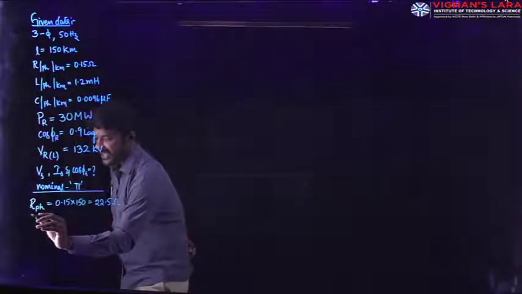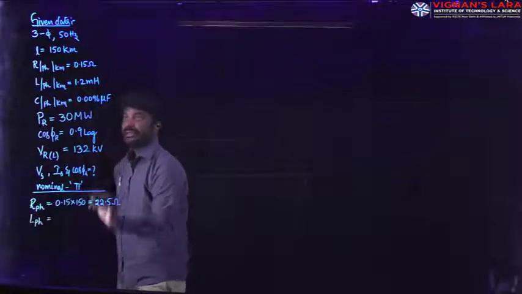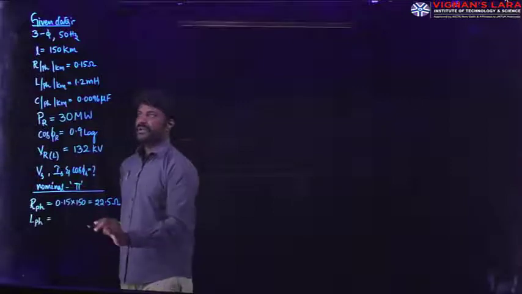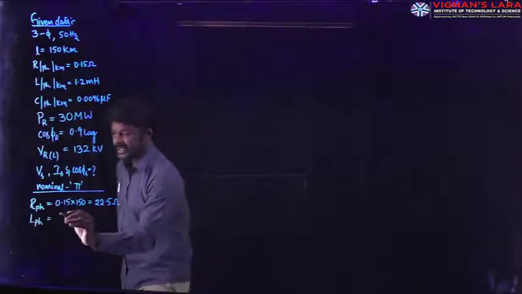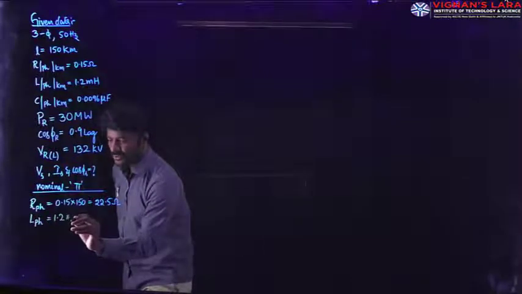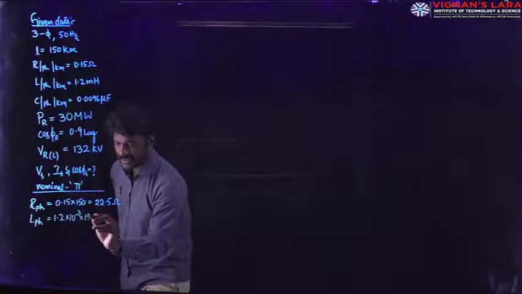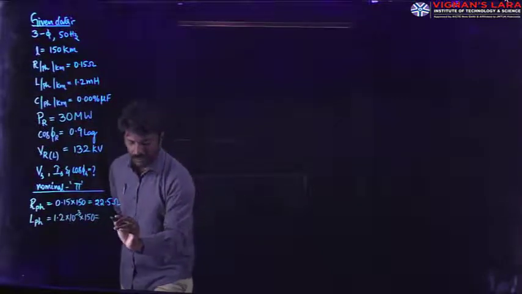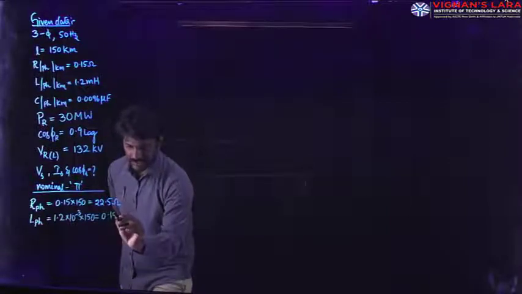In the same way, I calculate the inductance per phase for the entire length: 1.2 times 10 power minus 3 multiplied by 150 kilometers, which gives 0.18 henries.